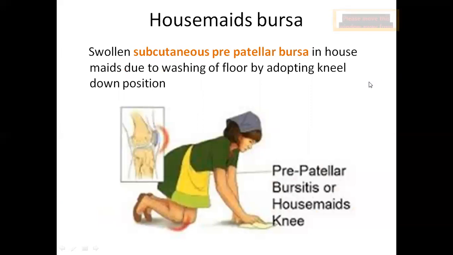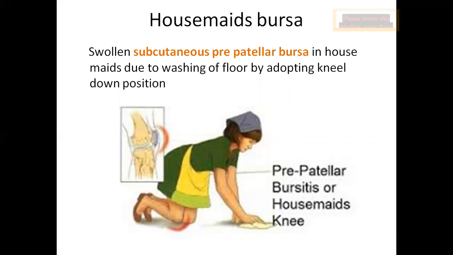There is one more bursa, which is called housemaid's bursa. It is the swollen subcutaneous prepatellar bursa in housemaids, due to washing floors in a kneeling position. It gets infected frequently. The infection here is called prepatellar bursitis, also called housemaid's knee. So a question may be framed on housemaid's knee also.